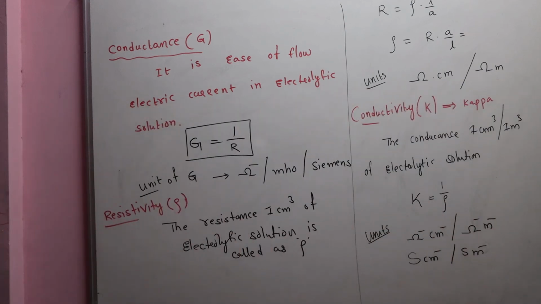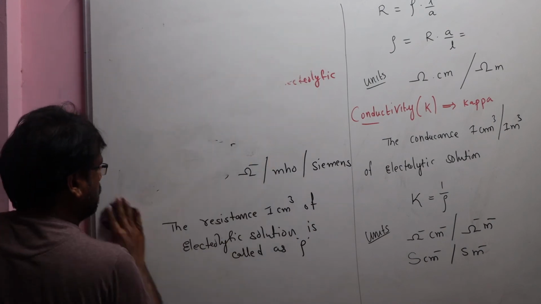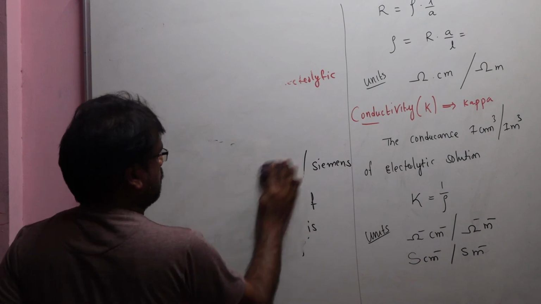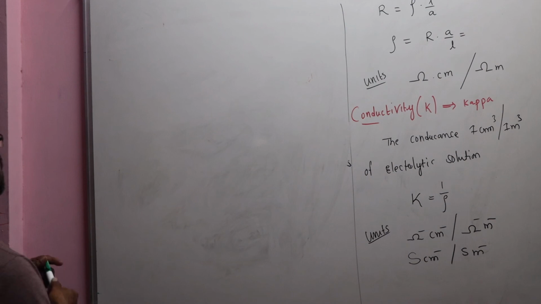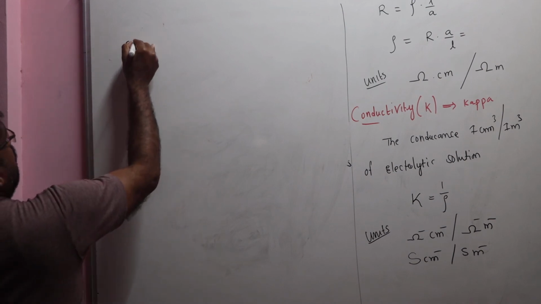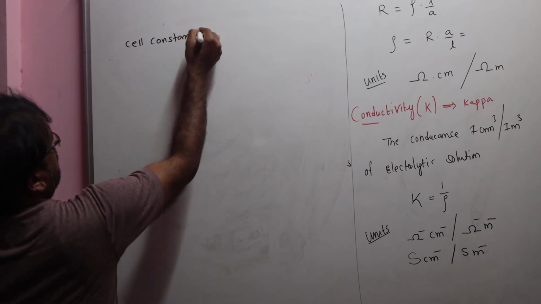Next, after the conductivity K, cell constant. What is cell constant? Cell constant is G star.